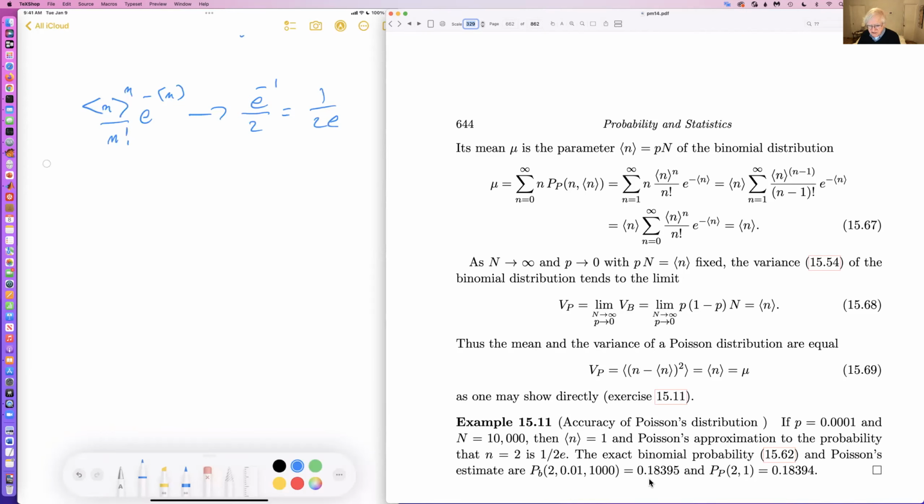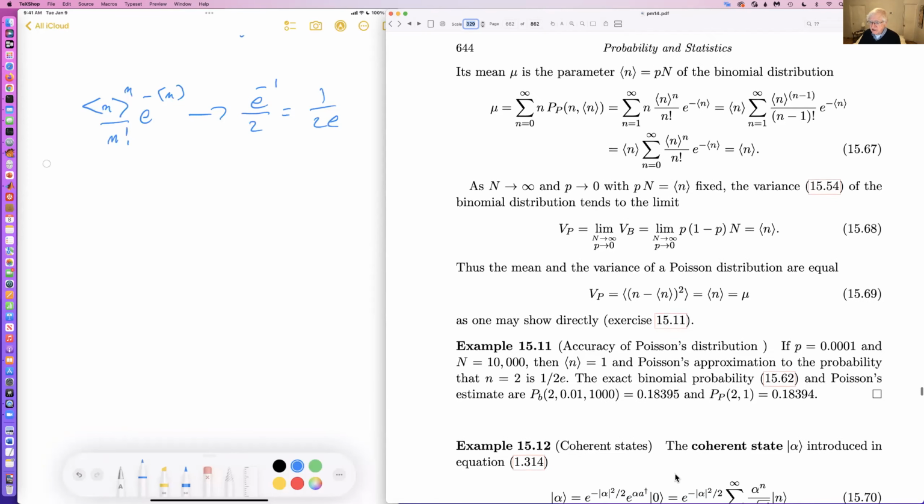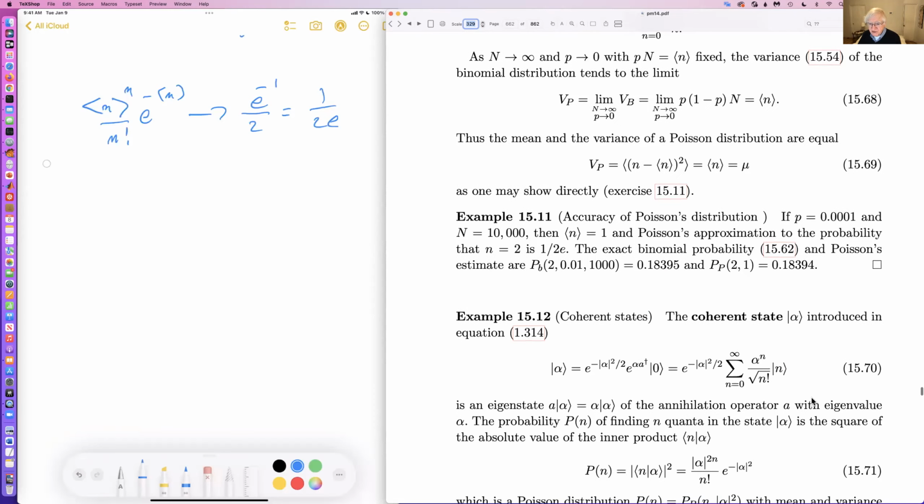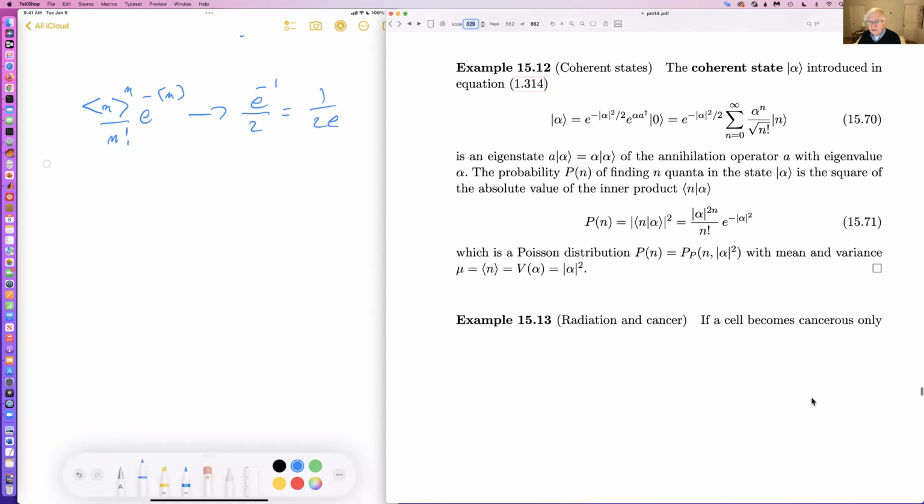Poisson's approximation is 0.18394. The exact one is the binomial value, which is 0.18395. So it's accurate to 1 part in 10 to the 5th. So that's quite accurate.